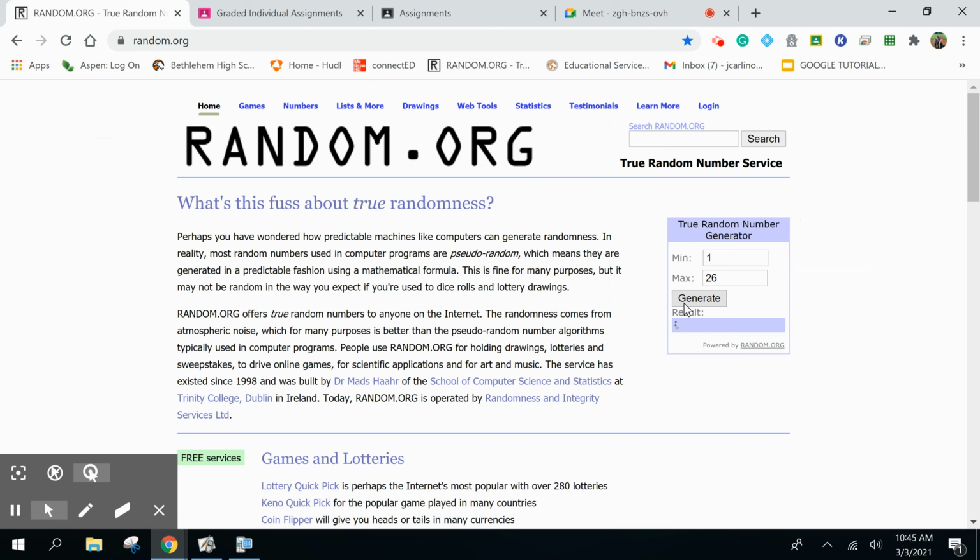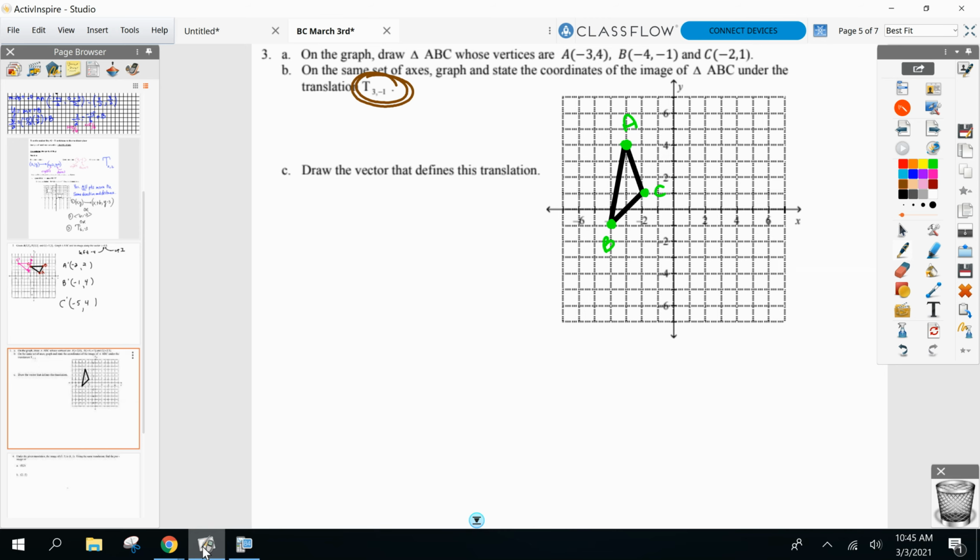Give me a direction. Omni, where are your points moving? They're moving to the right and down. How many? 3. Good job. Yep, right 3, down 1. So everyone, if you haven't done so, let's keep going.